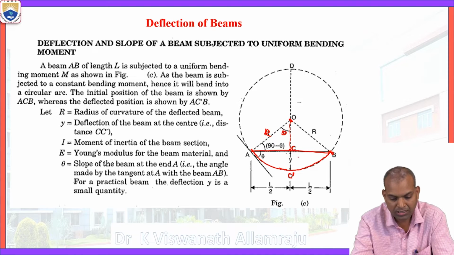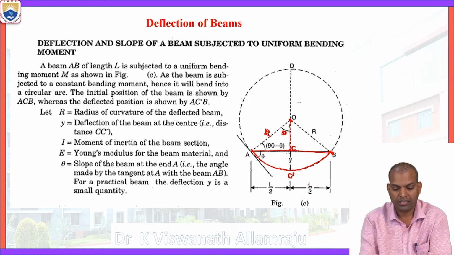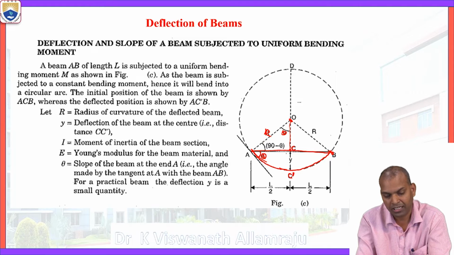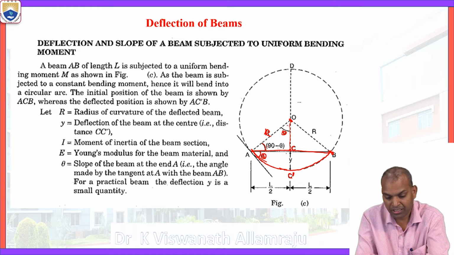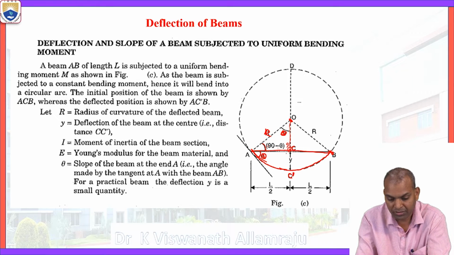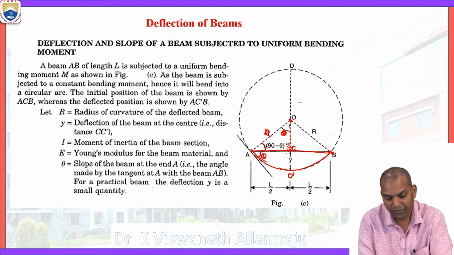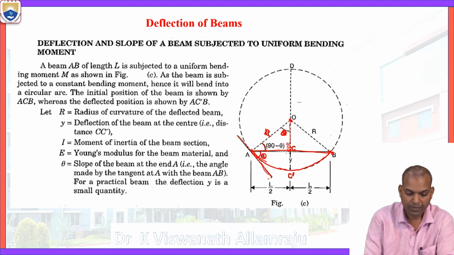That theta is the slope of the beam at end A. This is also theta. If the total is 90 degrees, then this portion becomes 90 minus theta. The angle theta is the slope at the left end A, made by the tangent drawn at A with the beam AB.